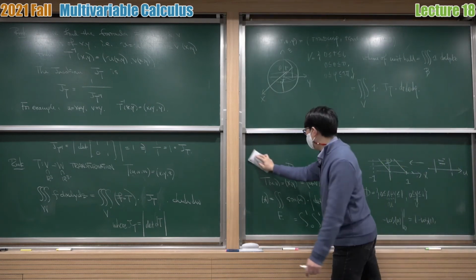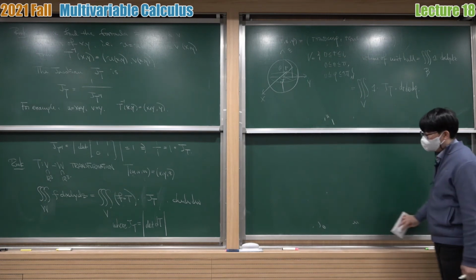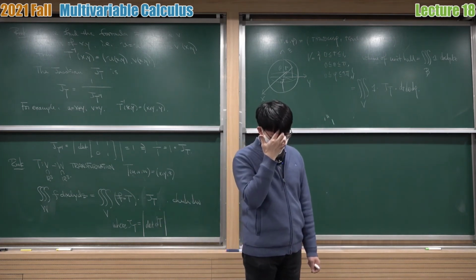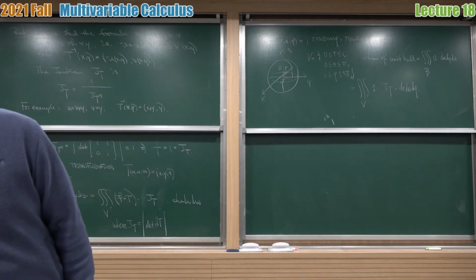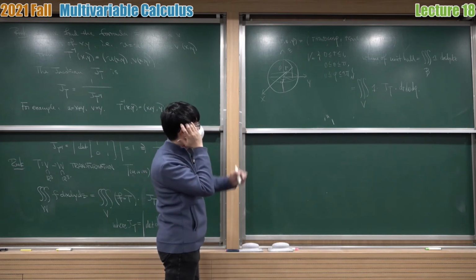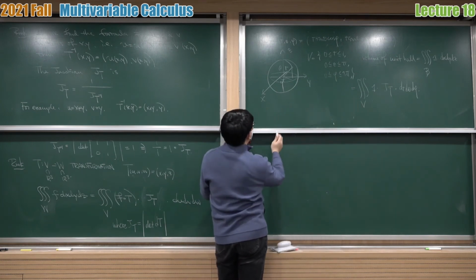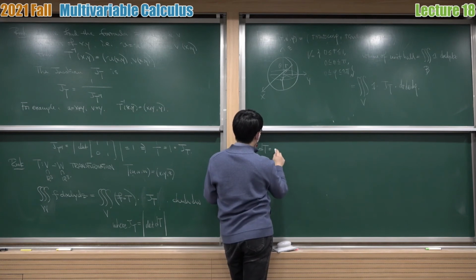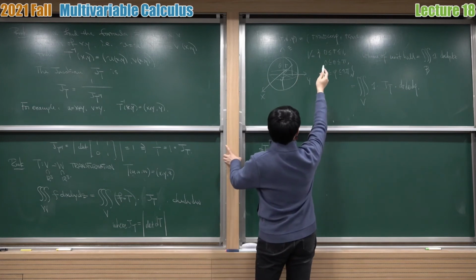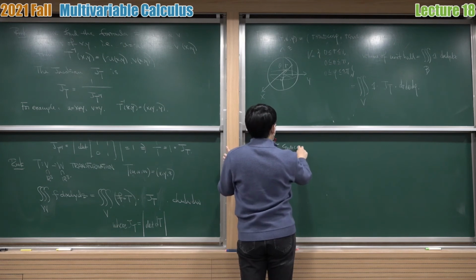So let's compute the Jacobian. I said that the Jacobian is always given by the absolute value of the determinant. I'd like to explain why, after we compute this, I'd like to mention why this determinant works as a Jacobian for the three-dimensional case. But for now, just compute. So we have DT equal to a 3 by 3 matrix. The first row: I take the partial derivatives of r sine theta cosine phi.